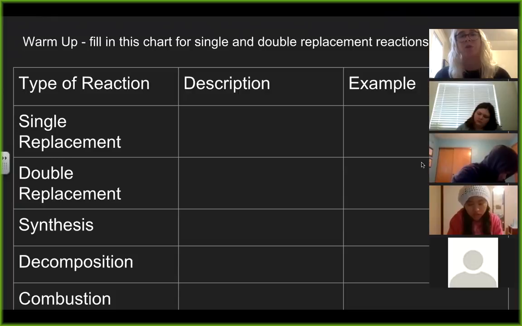And when you're looking for examples, feel free to go back in your notes, go back into Canvas if you need to.